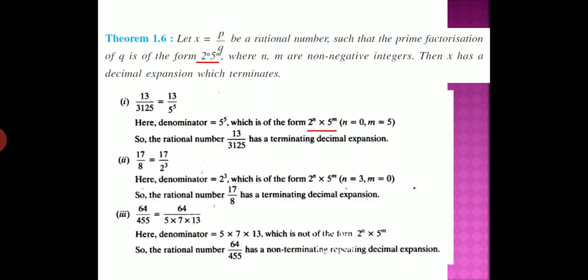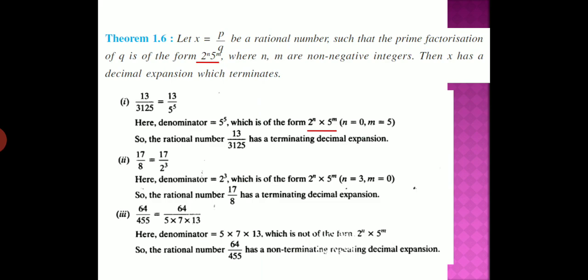Therefore it is terminating. So what I want to tell you is, if the prime factorization of the denominator has only 2, or only 5, or both 2 and 5 but not any other number, then it terminates.